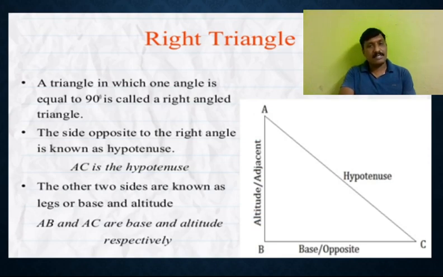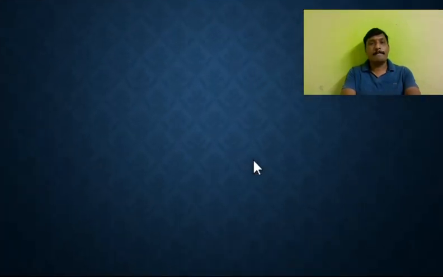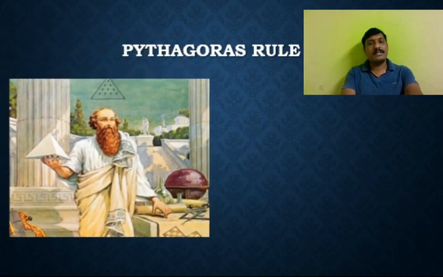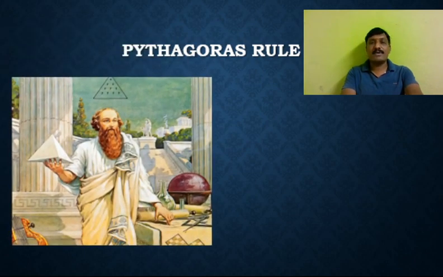If this is the base, then the other is the perpendicular, so it becomes the altitude. Coming to the next part, a Greek mathematician, namely Pythagoras, has given the relation between the sides of a right angled triangle.